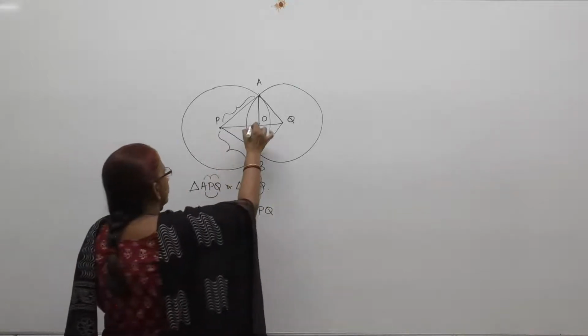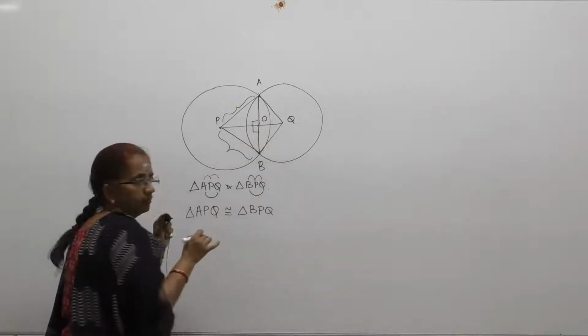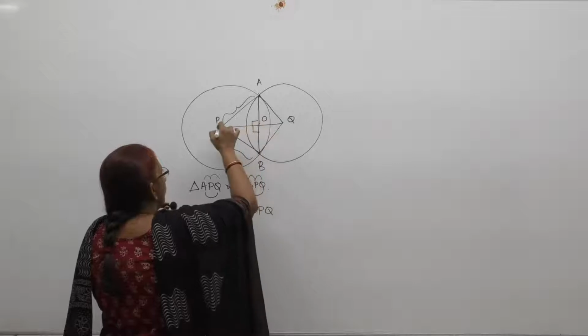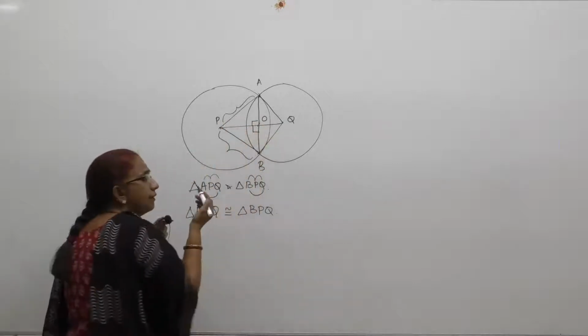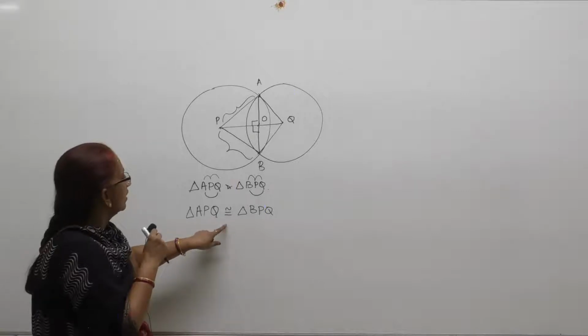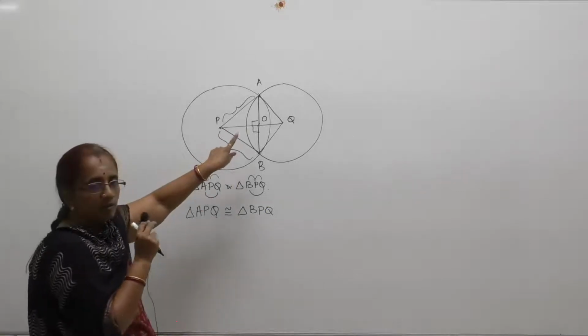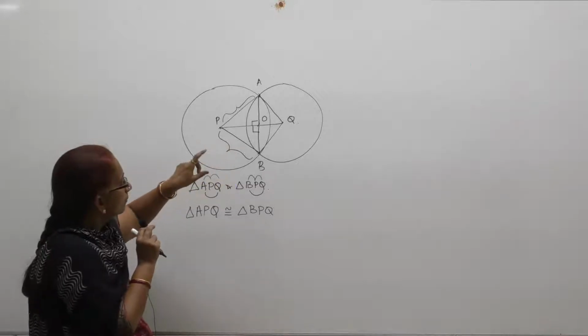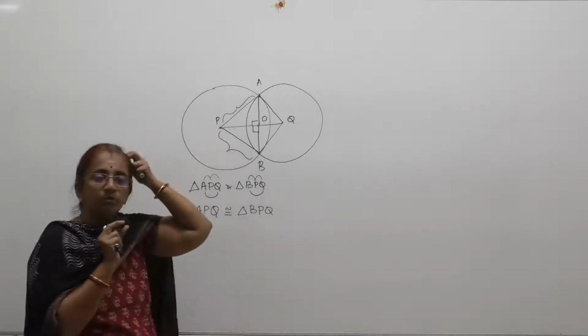So you have to prove that this angle is a right angle. For that, you need to prove that triangle AOP and triangle BOP are congruent. If you do not prove this congruence, then we will not have enough properties of these two triangles to prove that they are congruent.